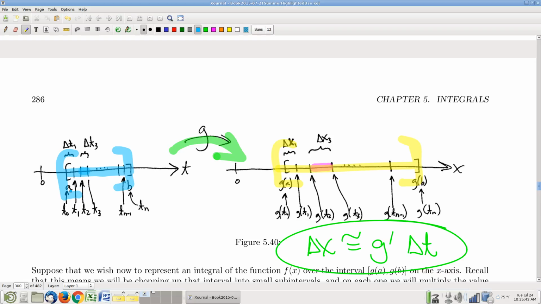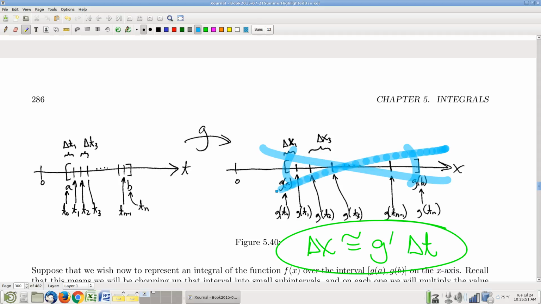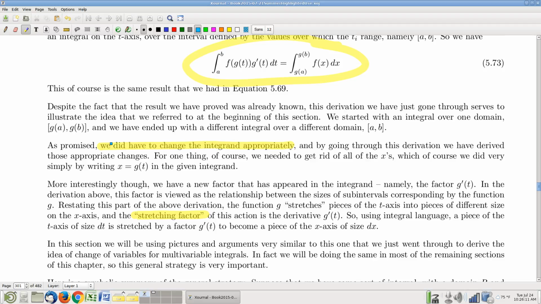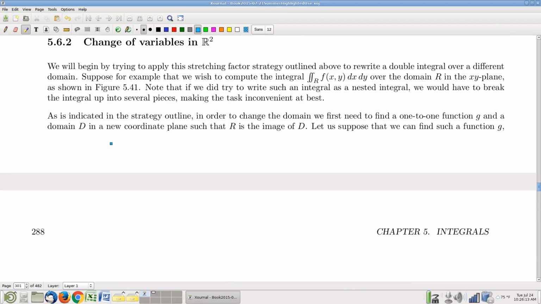So what we've done here is we've figured out a way to view this as a matter of changing the domain. We had an integral on this domain. We have in effect gotten rid of that as our domain, and we now have an integral instead on this other domain. So again, you don't take this point of view in a Calc 1 class, but this is a really nice point of view for our purposes. Change what the domain is. Okay, so moving along. Okay, we're going to do roughly this same thing in a two-dimensional context.